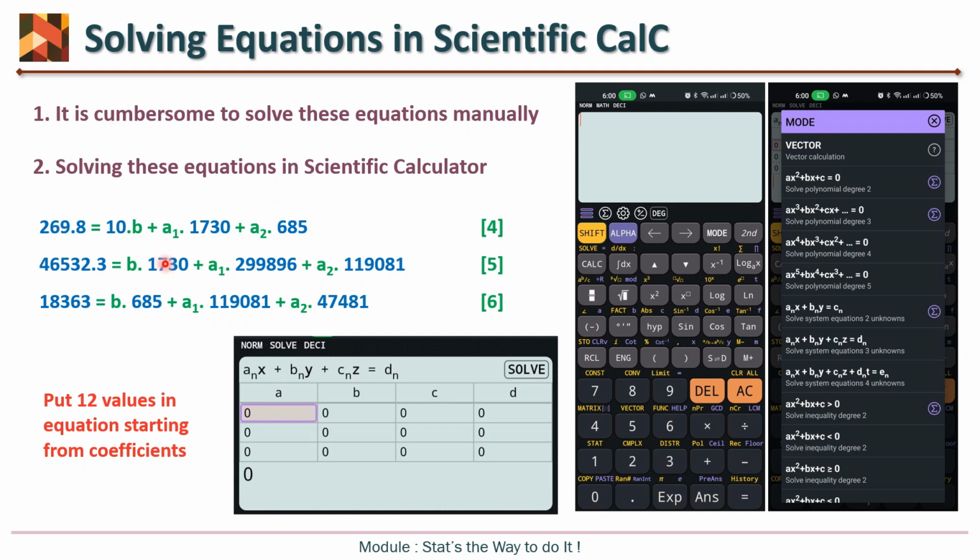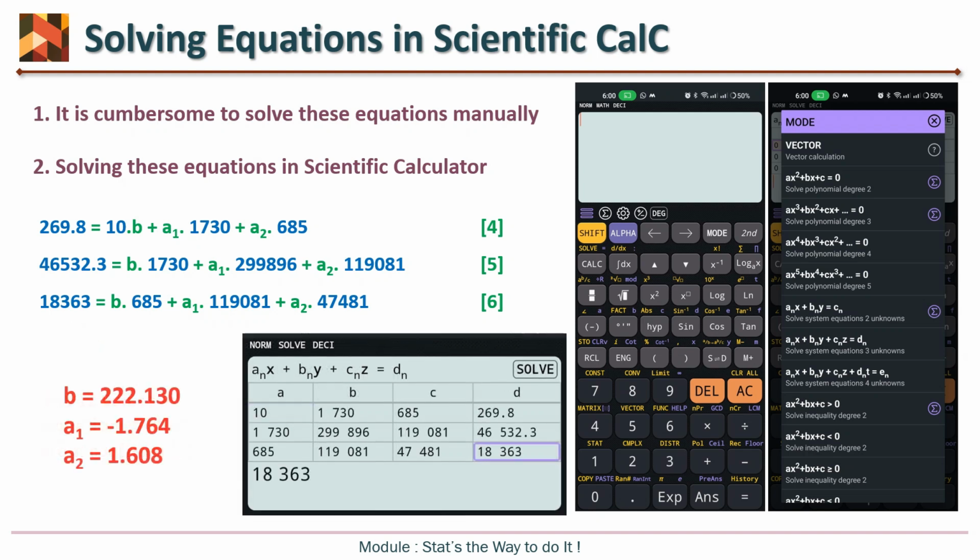Then here 1730, then 299,896, 119081, then 46532.3, then 685, 119081, 47481, and finally 18363.